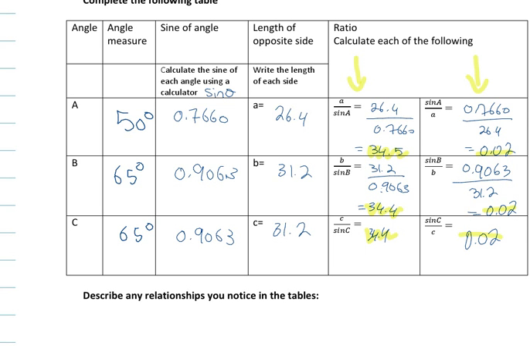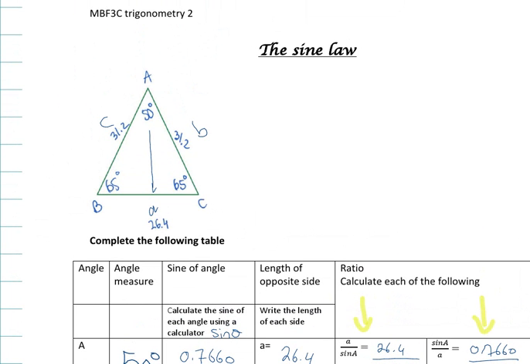Now I'm just going to go back here and ask you, what kind of triangle do I have here? Do I have a right angle triangle, or do I have an oblique triangle? Oblique. So it's not a right angle triangle. Okay? So in the case of not a right angle triangle, to solve the triangle, we're going to use a new law.